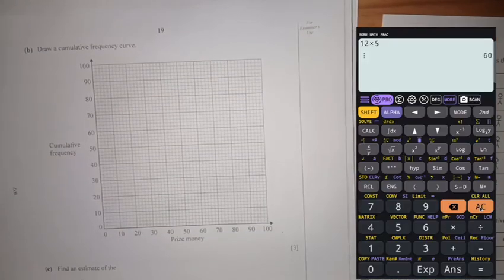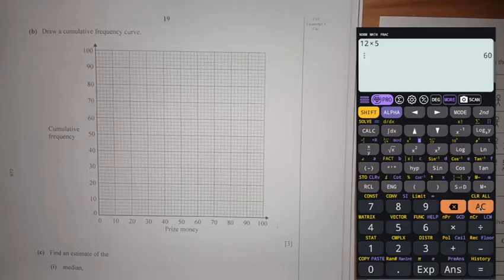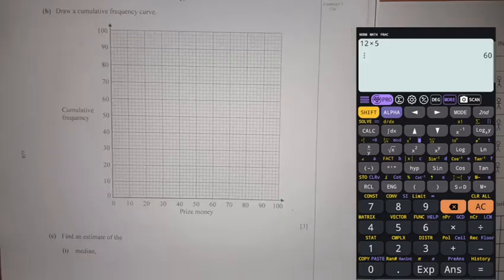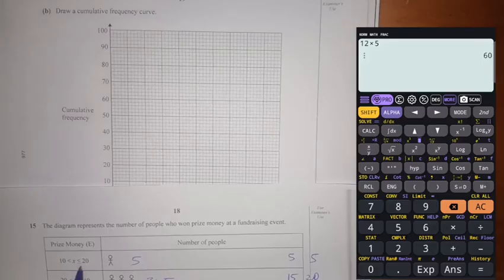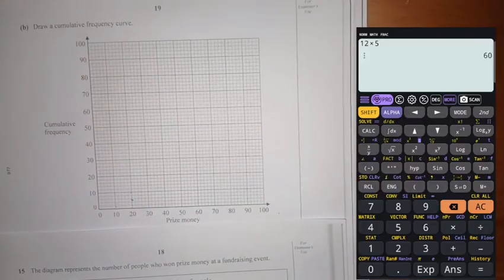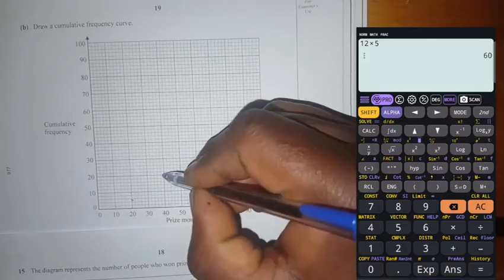Draw a cumulative frequency curve. To plot the cumulative frequency, we need our results here. From 10 to 20, it's at 5, which means the point 20, 5 goes there. At 40, it's at 20, it's there.